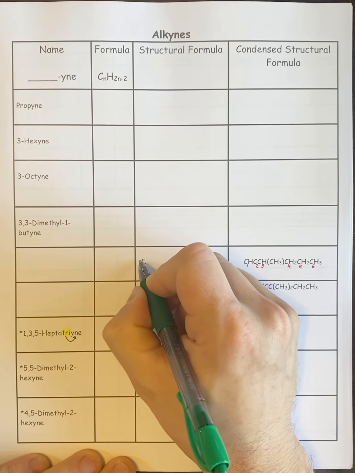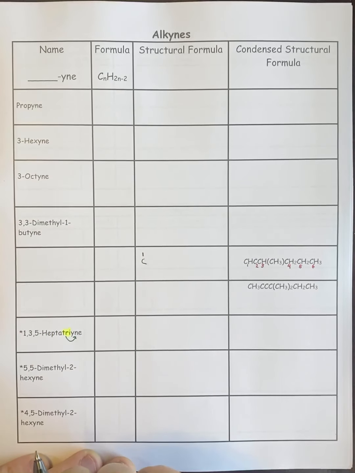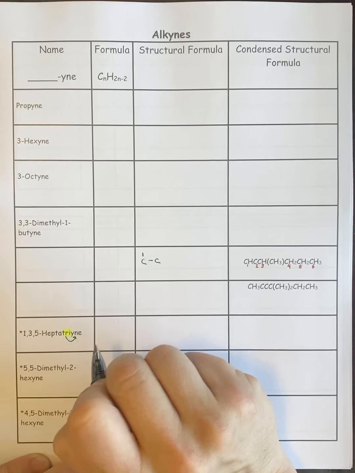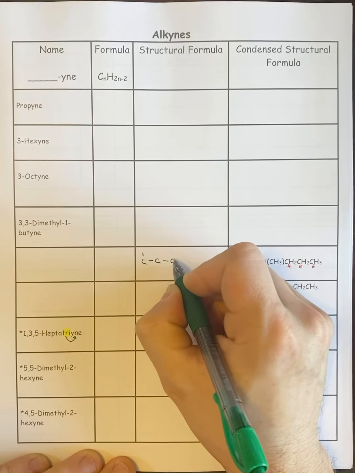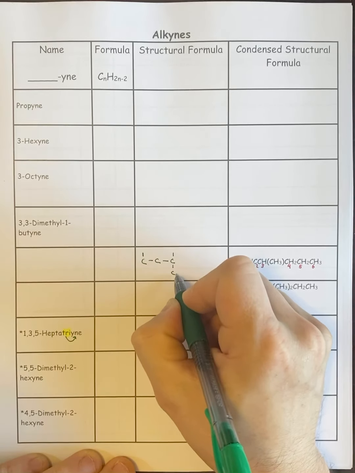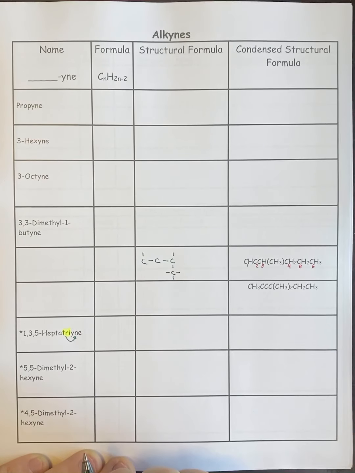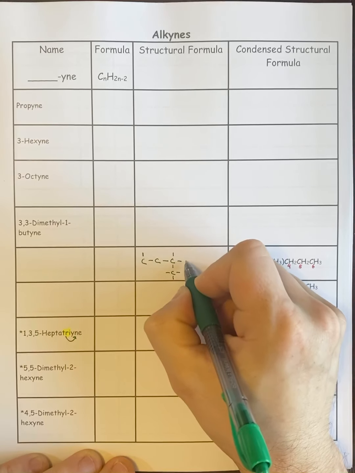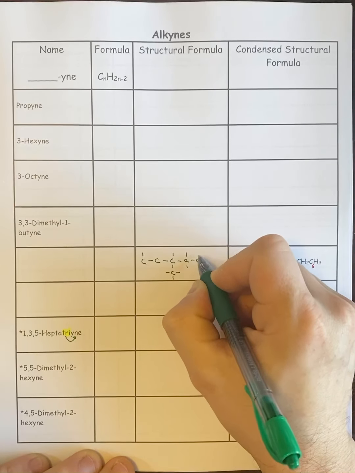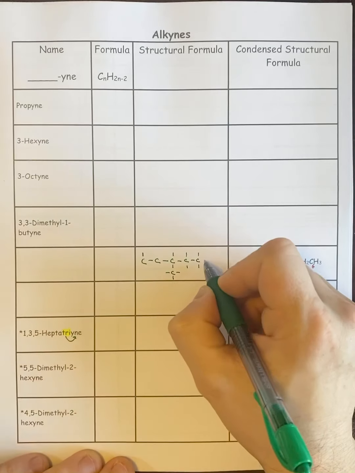So carbon 1 only has 1 H. Carbon 2 has no H's. Carbon 3 has an H and a CH3. Carbon 4 has 2 H's. Carbon 5 has 2 H's, and carbon 6 has 3 H's.